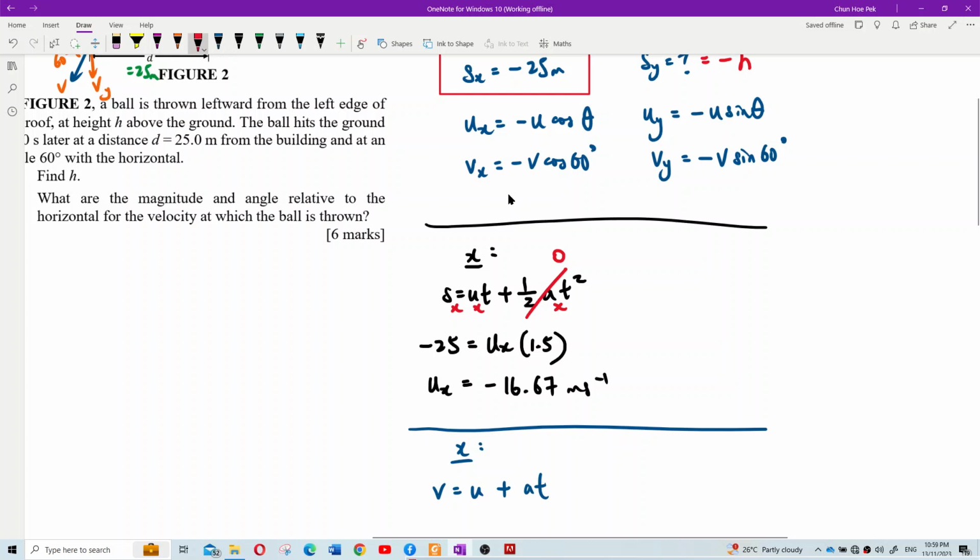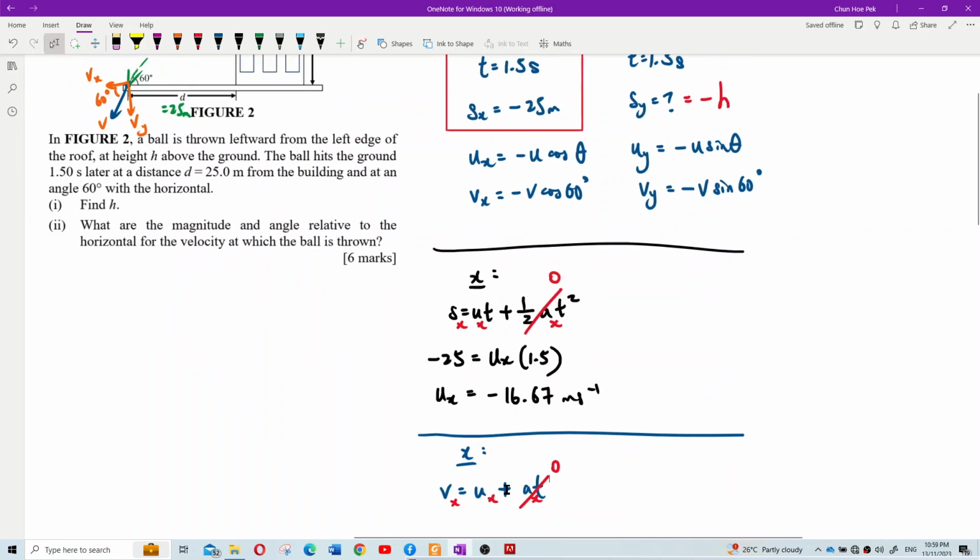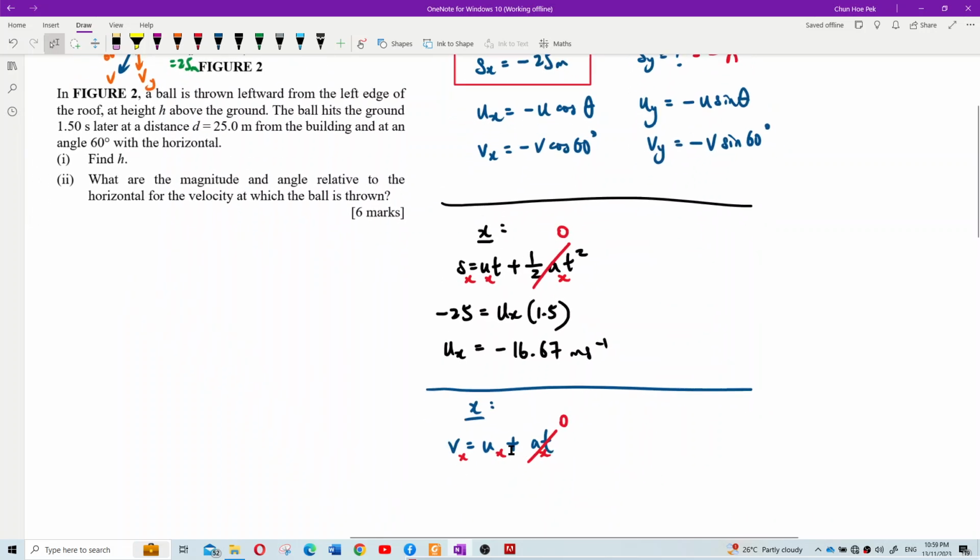So vx equals ux plus ax t. Acceleration ax is 0, so vx equals ux.